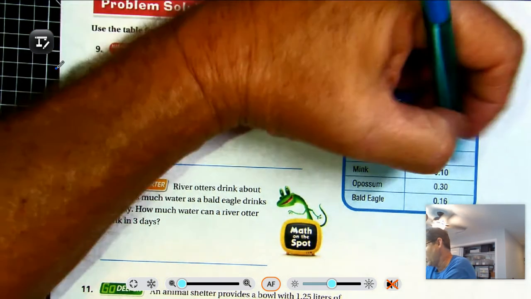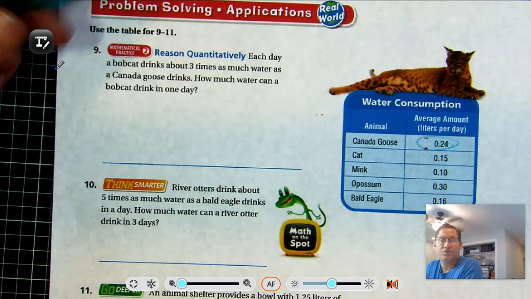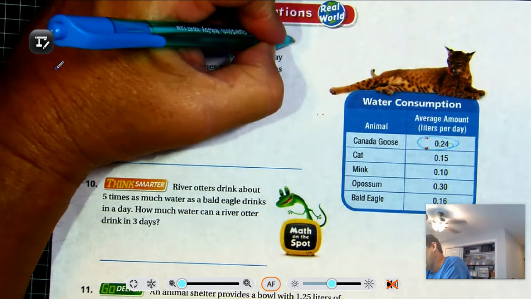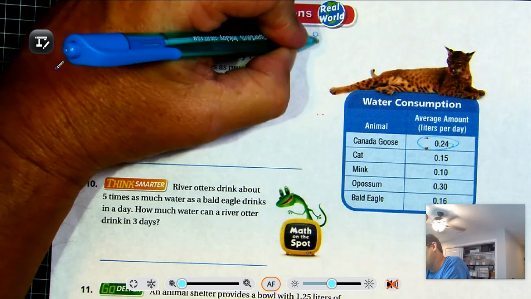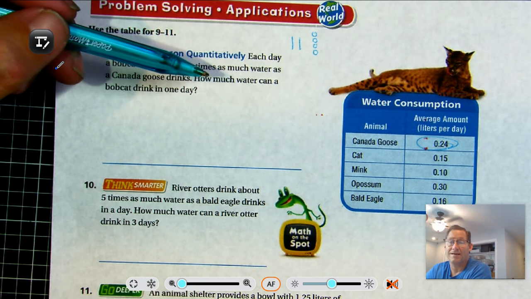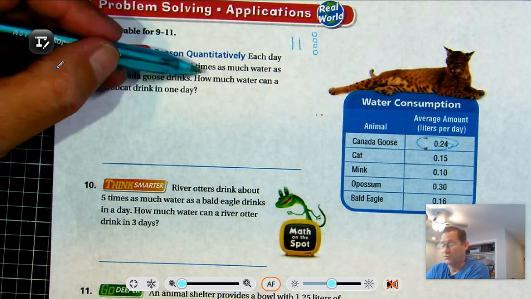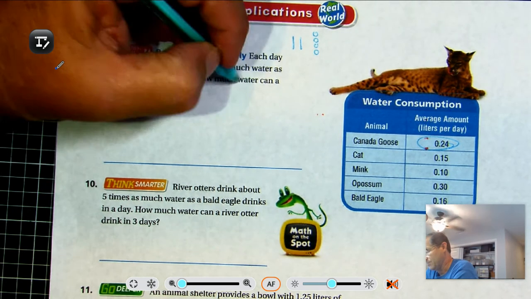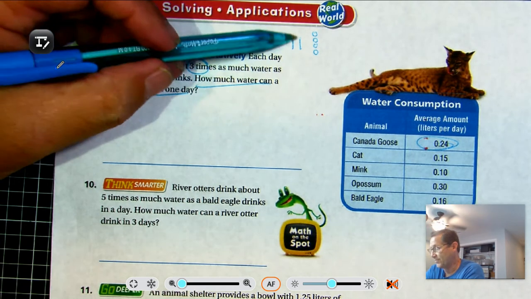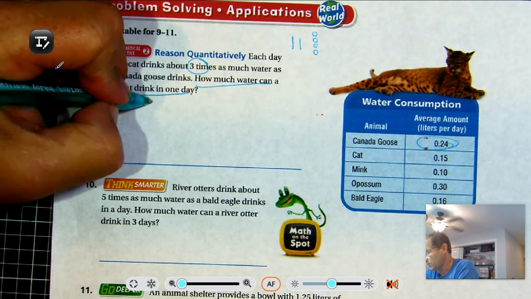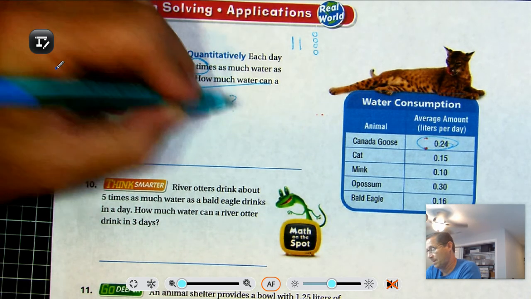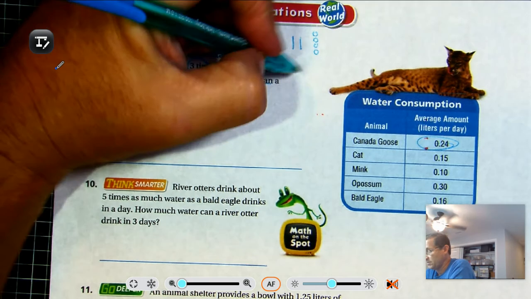A Canada goose drinks 24 hundredths liters per day. That's the Canada goose. But the bobcat drinks 3 times as much in one day. So don't we need 3 sets of 24 hundredths? Okay, so let's do that.